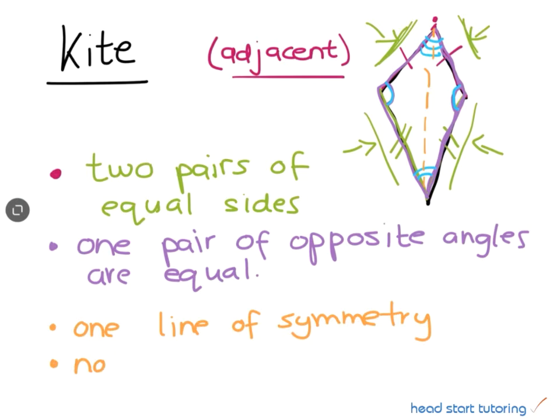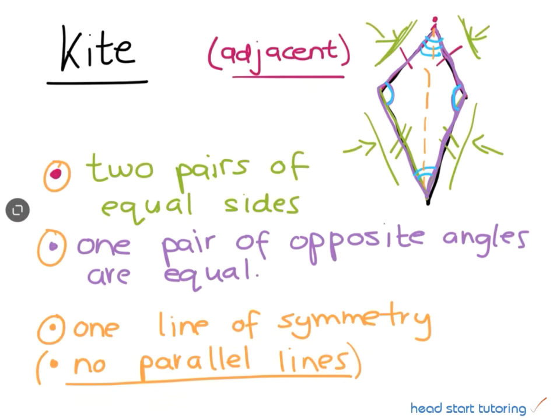We can say that there are no parallel lines, or none of the sides are parallel. You can also say that. But it's probably best if you are asked to give two properties of a kite, rather give two of these three, instead of saying that there are no parallel lines. Right, so these are the properties of your kite.